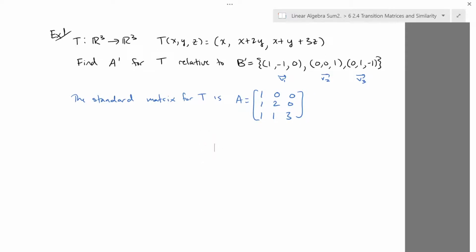Okay, so now what we need is the change of basis matrix, P, right? So from the discussion previously, the starting basis B is the standard basis, right? So since B is the standard basis, finding P is very easy, right? So the transition matrix P is just given by the vectors in B prime.